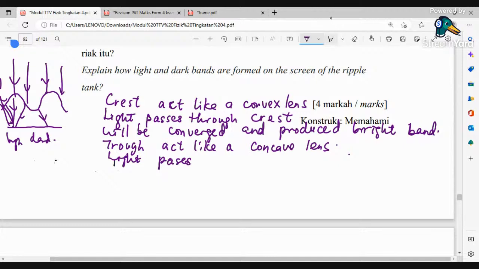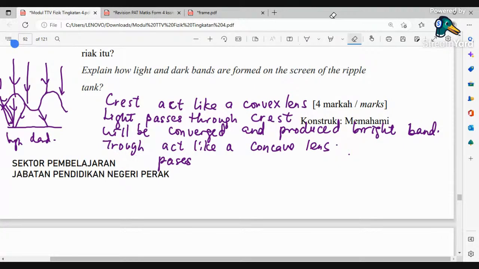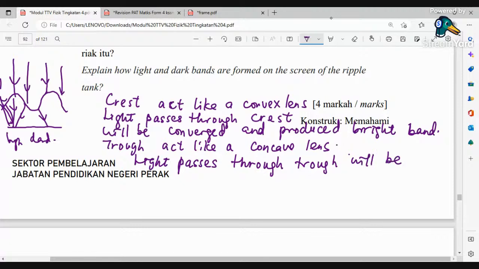Light passes, my writing is already... will be diverge and produce dark.